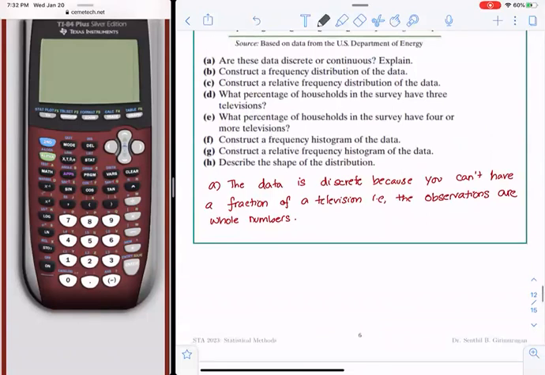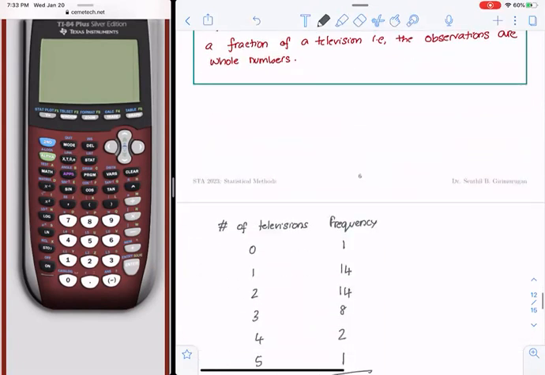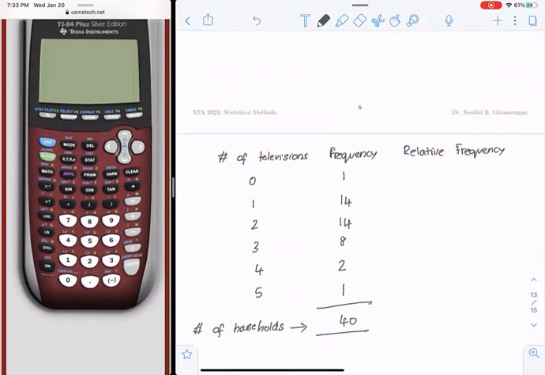We want to also find the relative frequency, and we know how to find the relative frequency distribution. That would be each frequency divided by the total. So 1 over 40, 14 over 40.